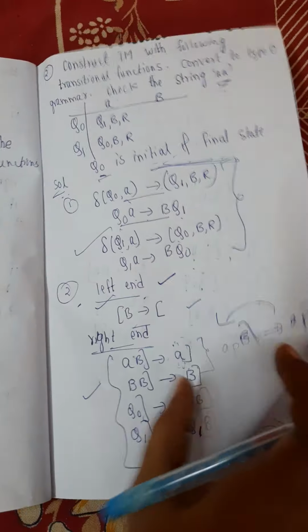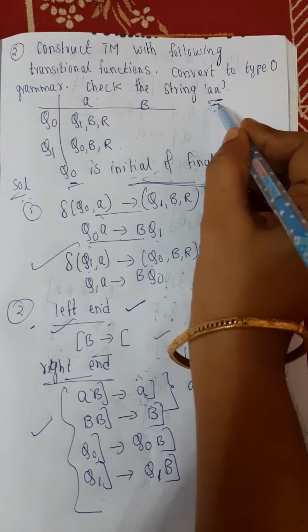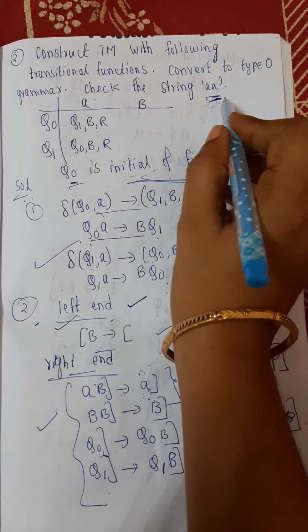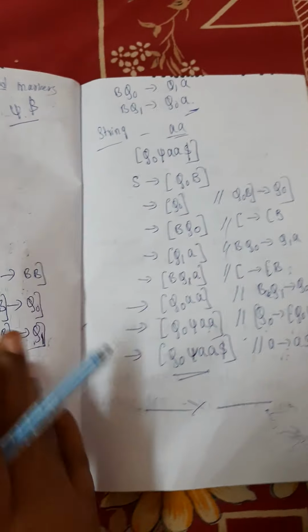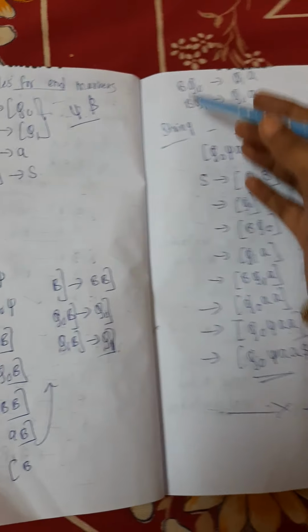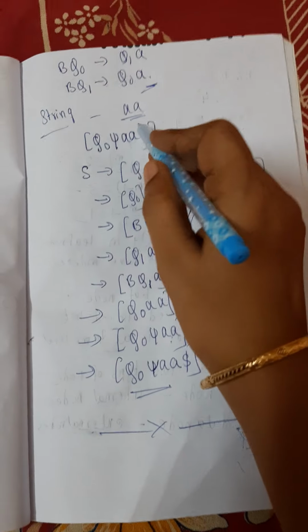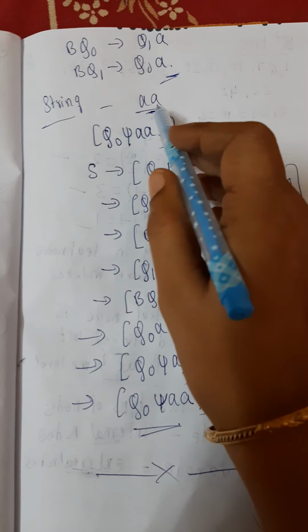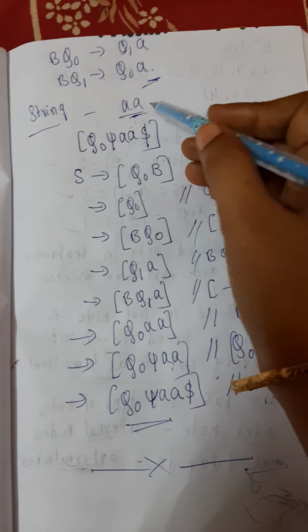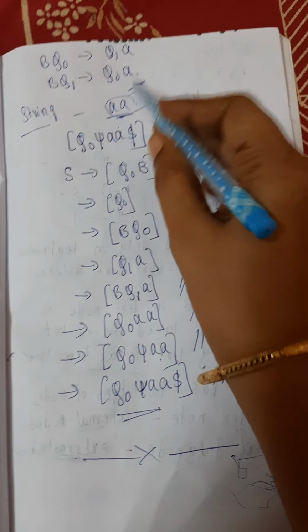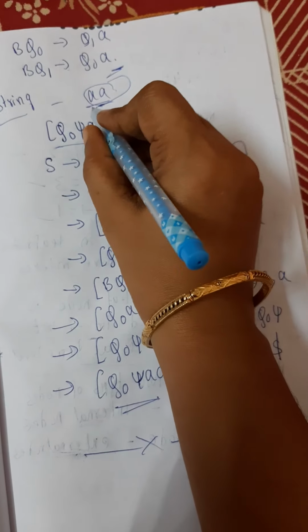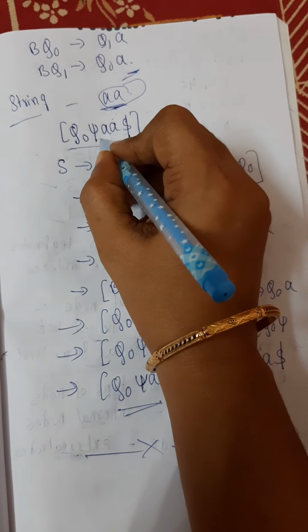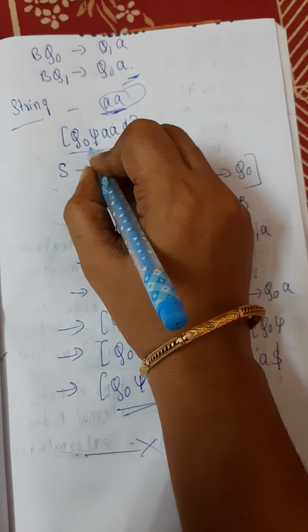Now what they are saying is, this is the string we have to check here. That means from the productions we have generated, we have to check whether the string AA will be generated or not. Now let us see here. As already I said, the string AA will be between these two symbols.